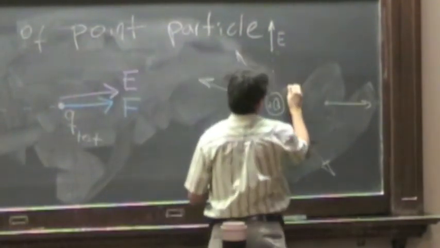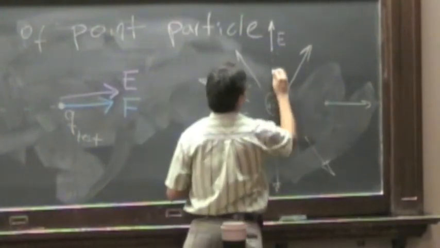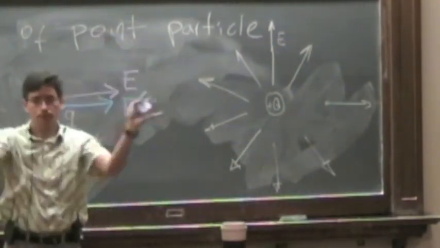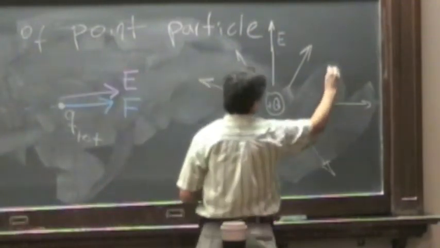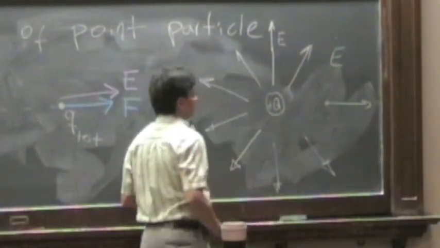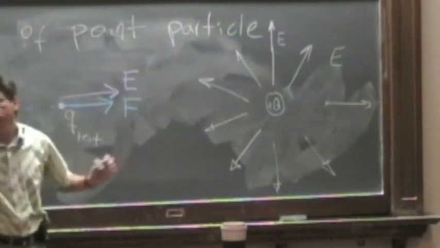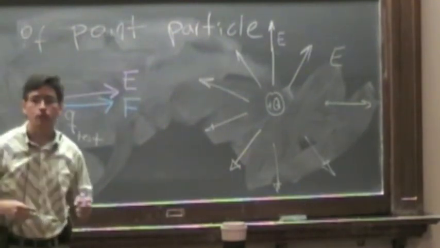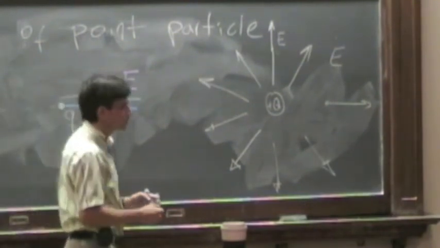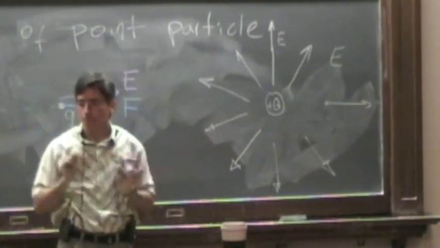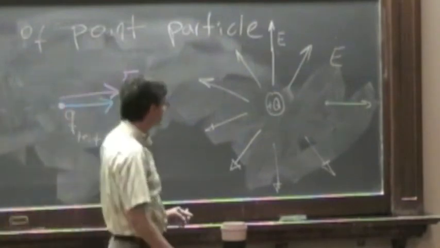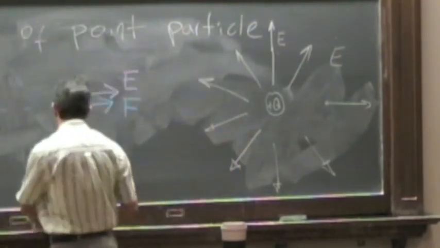It's like a sea urchin, right? With all these spikes coming from the center. So that is the electric field of a positive point charge. Imagine, in this analogy with the wind, positive charges as blowing this invisible electric wind, blowing it out. So that's what you want to keep in mind about that.